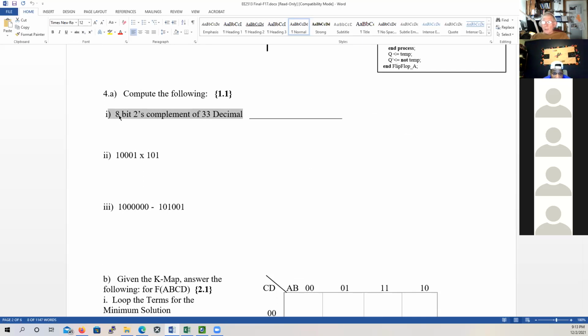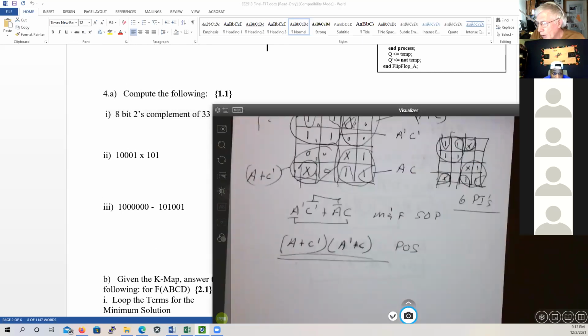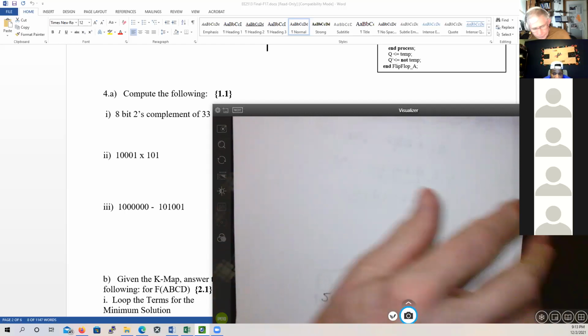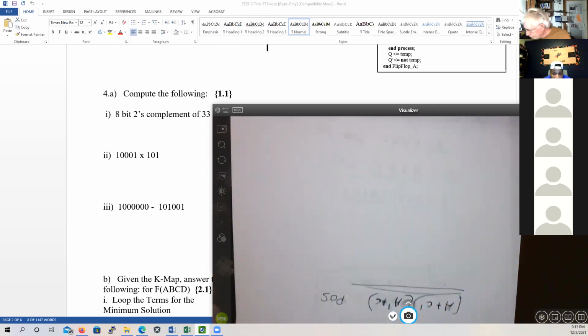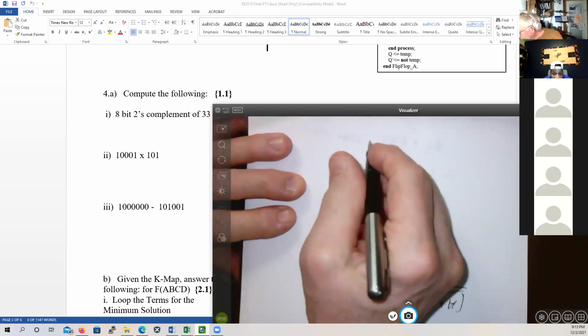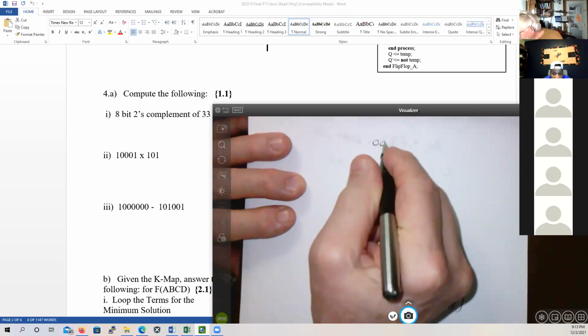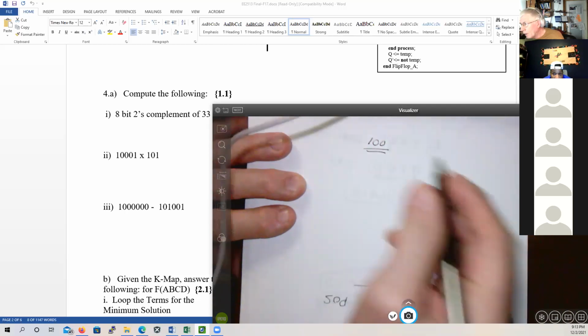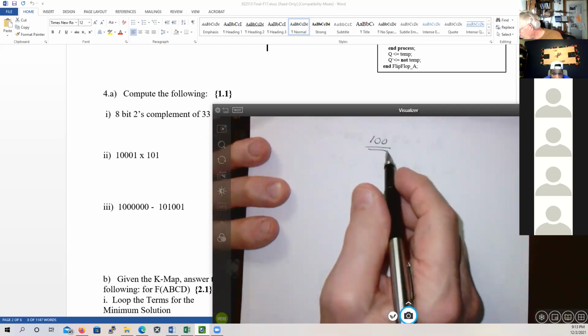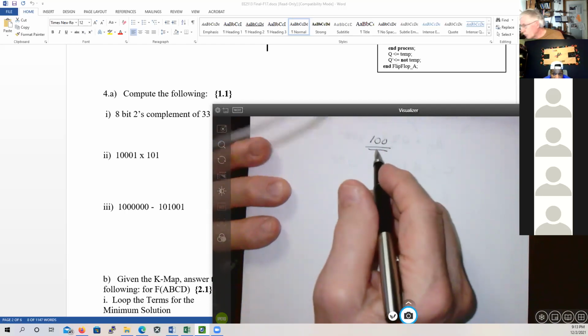And remember how you know how many bits various things can hold. So just to quickly review, let's say we want to put 100 into a 2's complement. How do we make 100 a 2's complement?